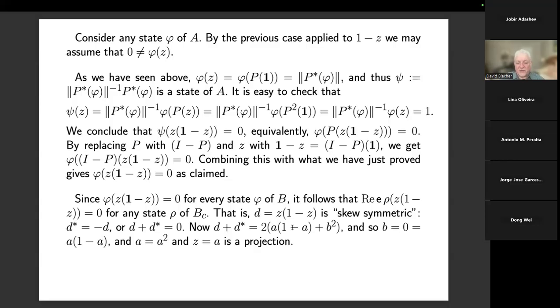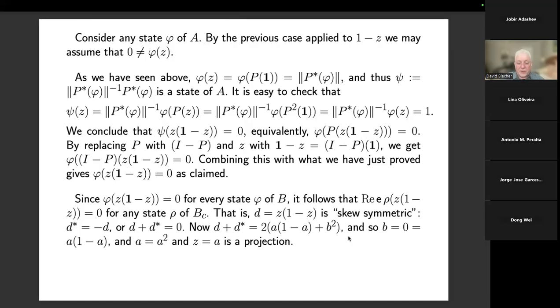But d plus d star is just this quantity, and now a line of algebra shows that z is just a. Well, I'm sorry. If b is 0, then z is obviously a, and that is a projection from this identity, because a times 1 minus a is 0. That forces a to be a projection because it's also a contraction.